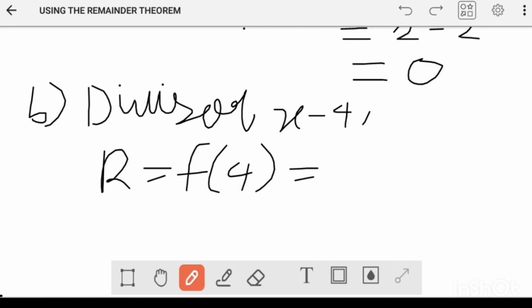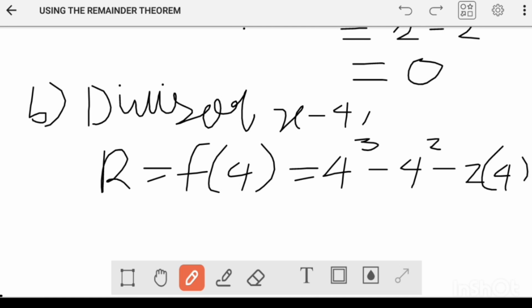That means whenever we see x, we'll replace it with a 4. So here we have x raised to power 3, that is 4 raised to power 3, minus 4 raised to power 2, minus 2 multiplied by 4. Also, one thing you should note: if it is minus 4 here, your function will be plus 4.